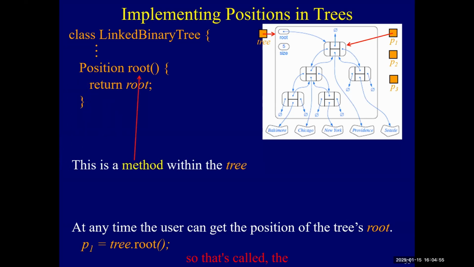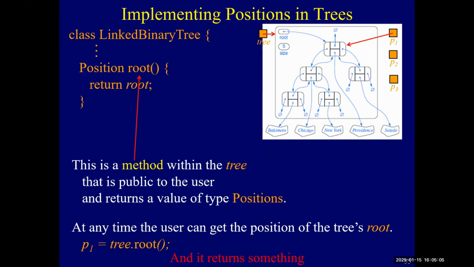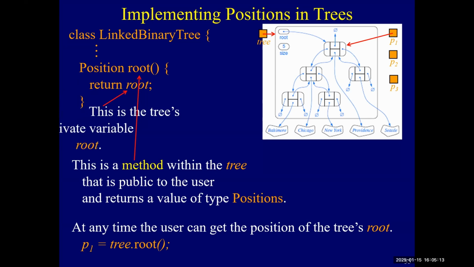Now, the root is called a method within the tree. It's public because the outside world needs to be able to know about it. And it returns something of type position, right? But root is a private variable, you can see it up there in blue.